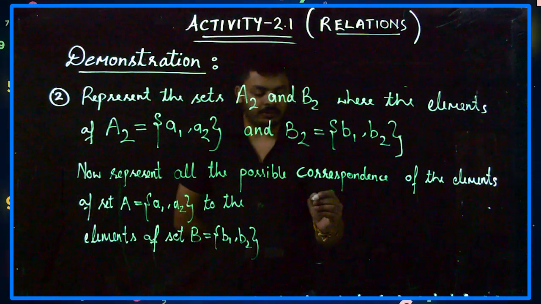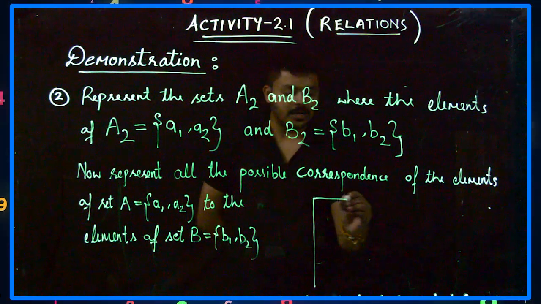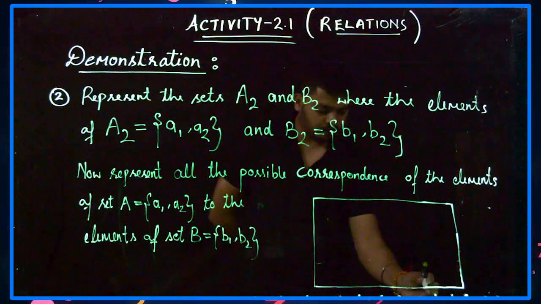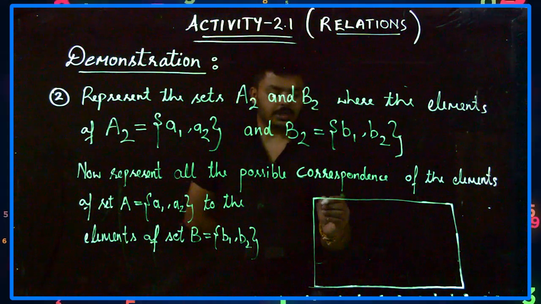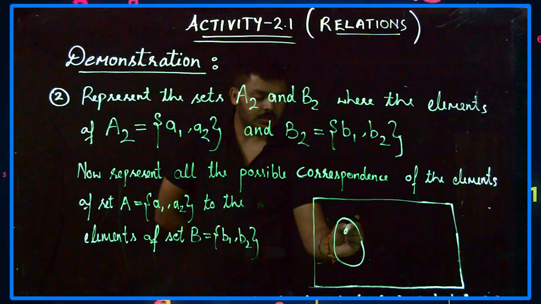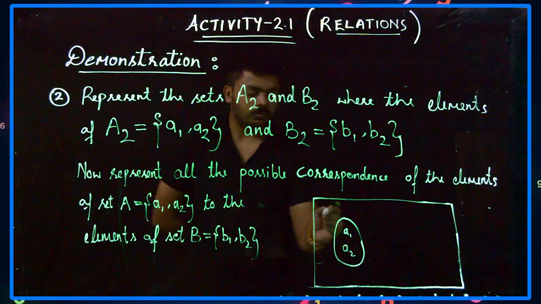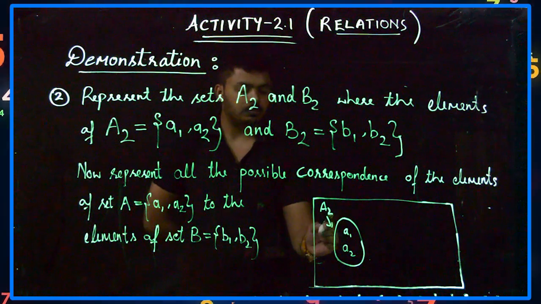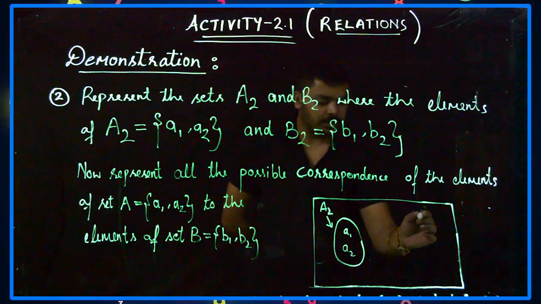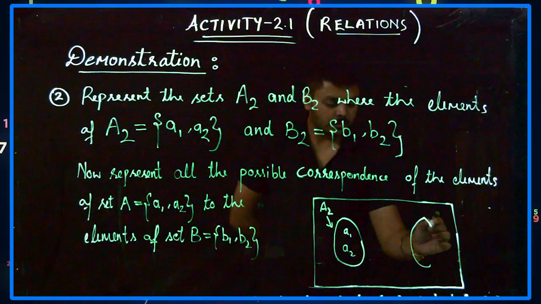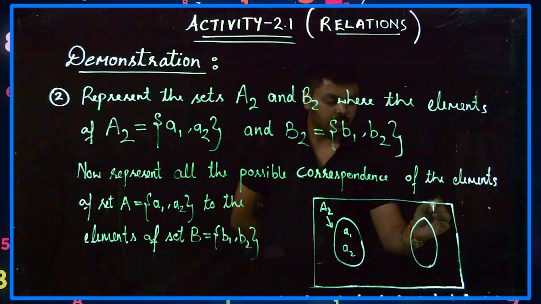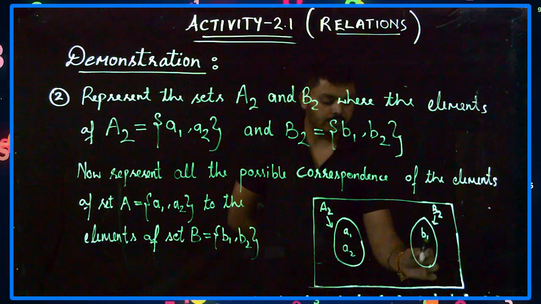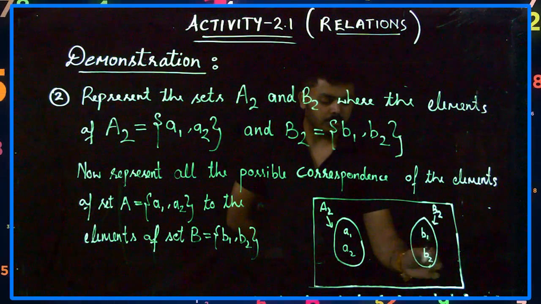So now representing it visually, first let's draw a rectangle and represent the set A1, A2, representing the set A2. Similarly, B2 representing elements B1, B2.